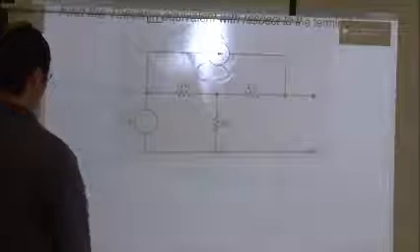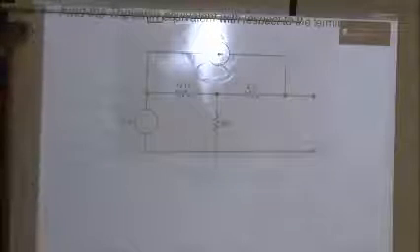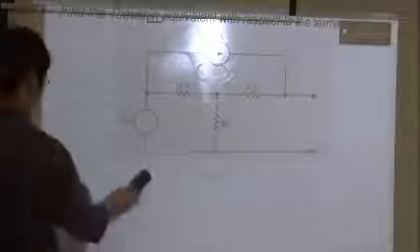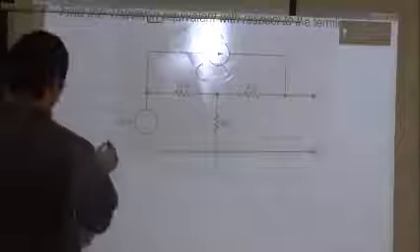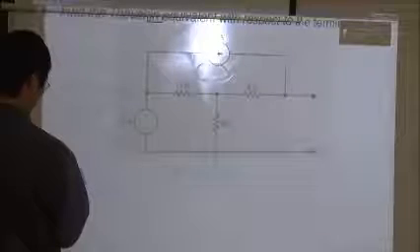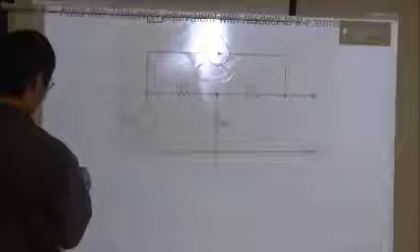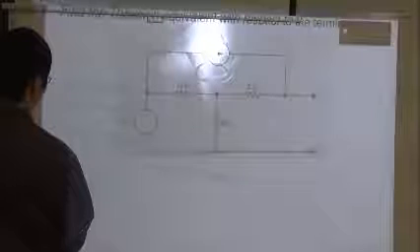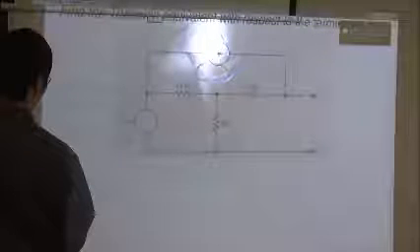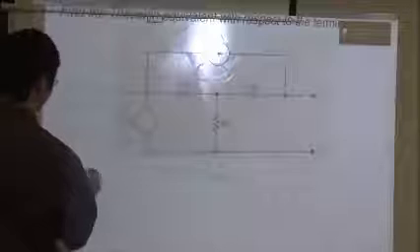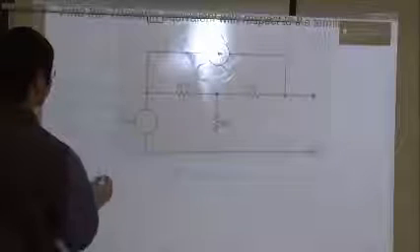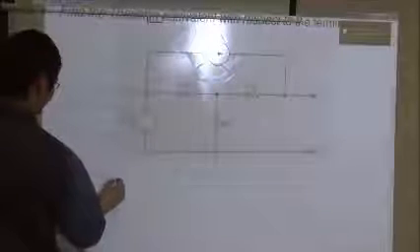Okay? So we put this back on this side, so that will be 108 equal to 18 I1 minus 6 I2.